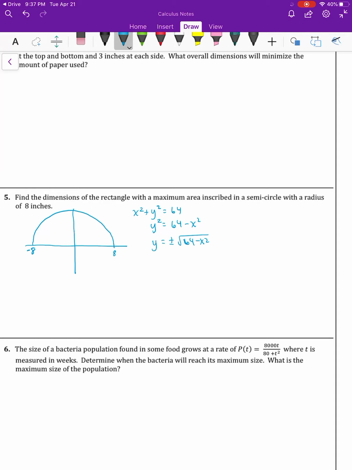The top part of your circle is your positive one, and the bottom is your negative, because a circle is not a function. It would have failed the vertical line test, but if you do them separately, you can cheat your calculator kind of. Well, this comes in handy here because we're only looking at the top part of it because it's a semicircle. So this function is y equals the square root of 64 minus x squared.